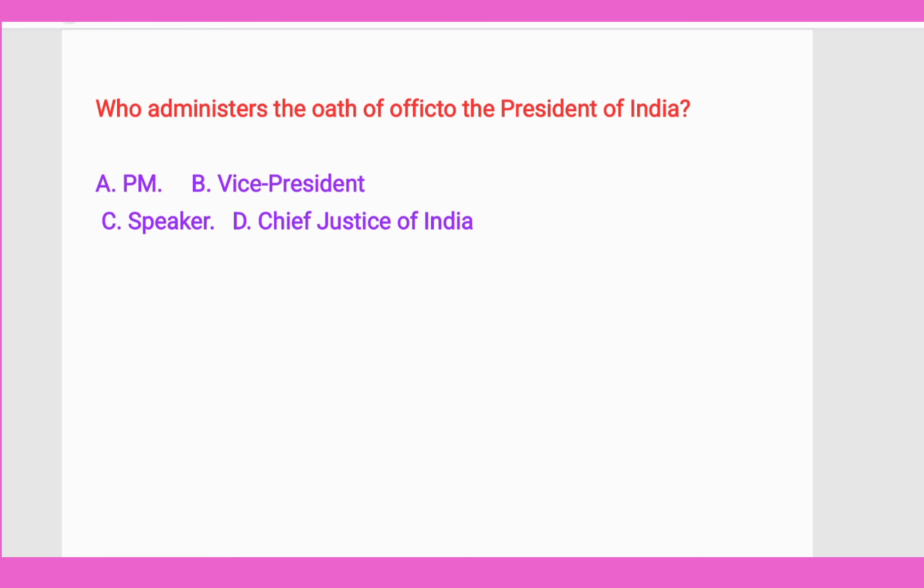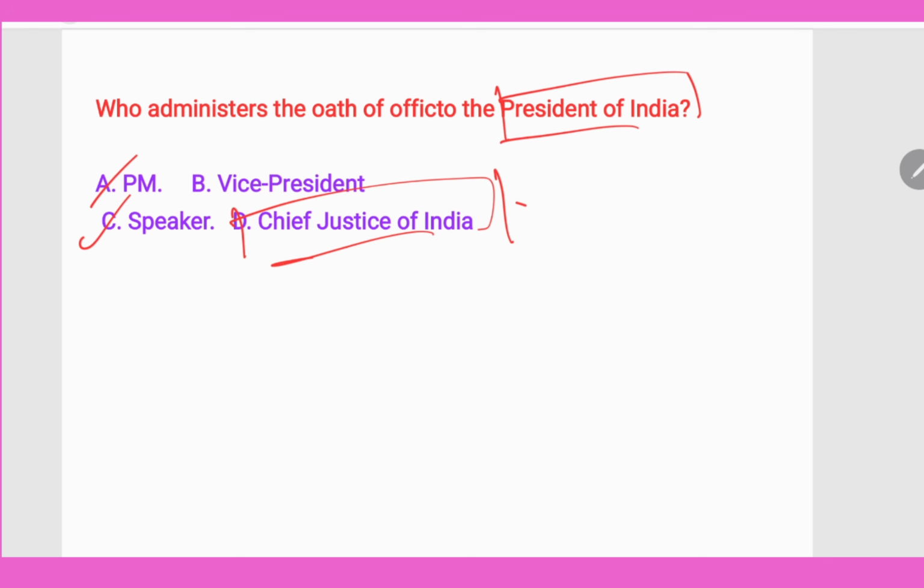Next question is, who administers the oath of office to the president, or we can say who takes the oath of the president. Remember, the president takes oath before the CJI of India, and in his absence the senior most judge of India. Okay, and the president takes the oath of the speaker and PM. Okay, and Article 52 of Indian Constitution says there shall be a president of India.